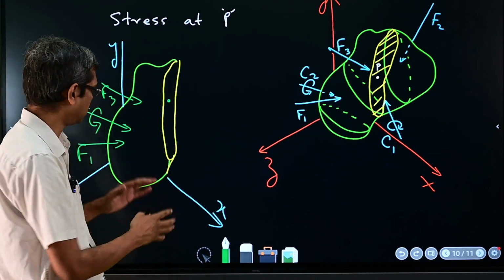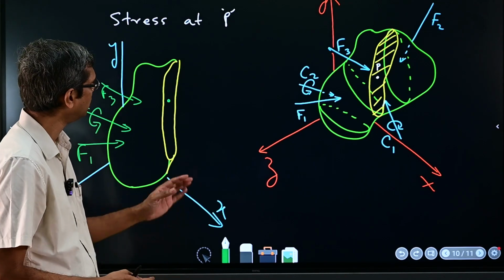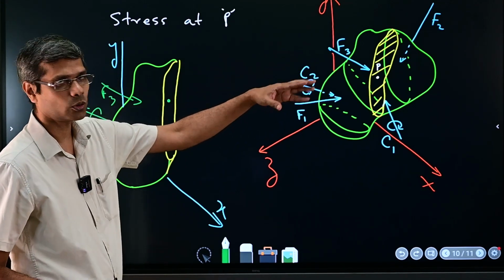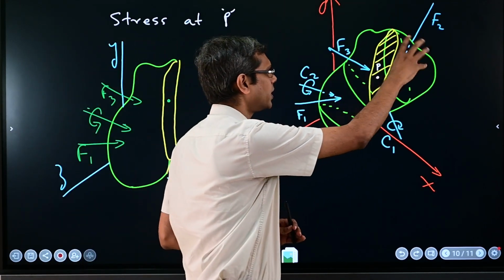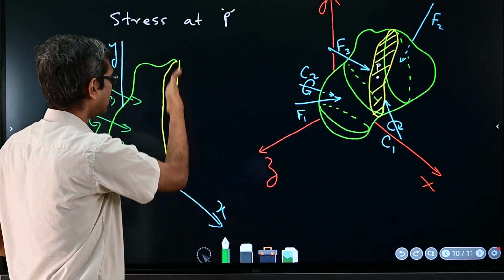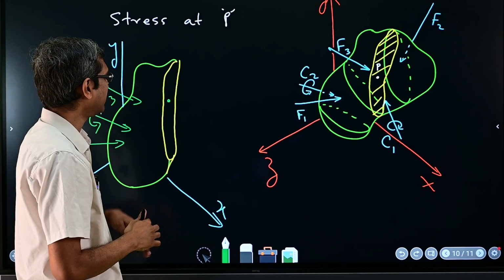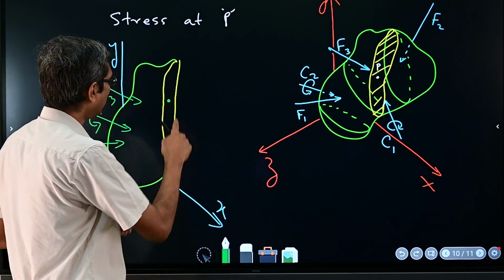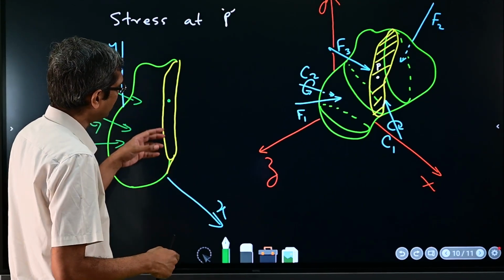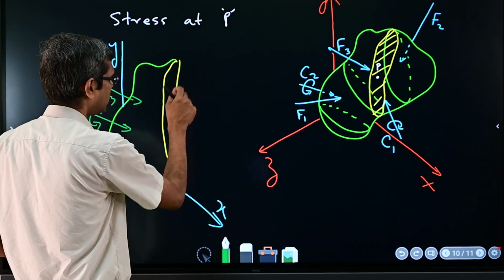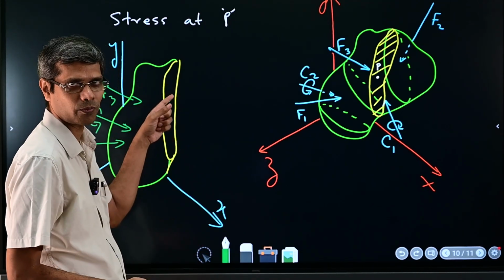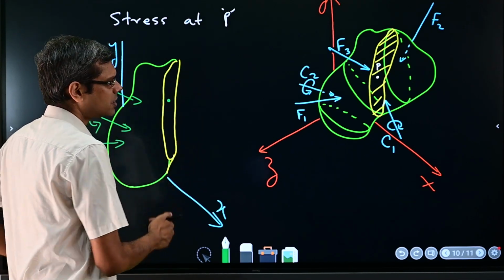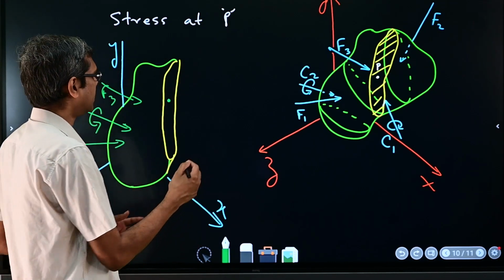To draw this free body diagram, we should show the effect of those forces. Earlier those forces in some way were affecting this section, and that is why it was in balance. So if we now try to draw the forces, intuitively they will not be uniform. At every location some other force would be acting.